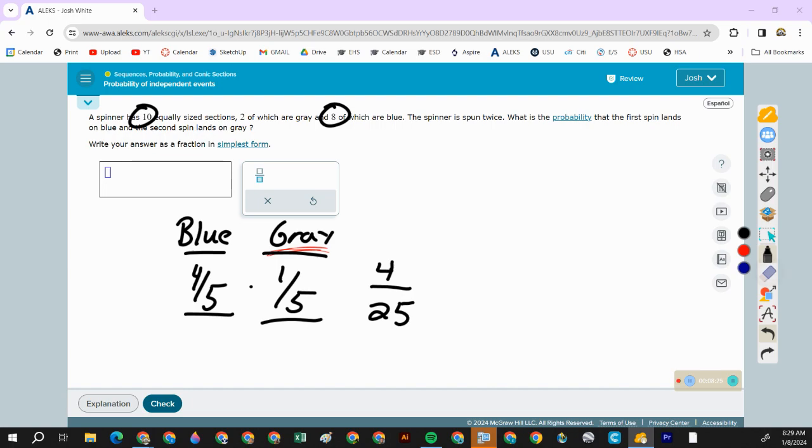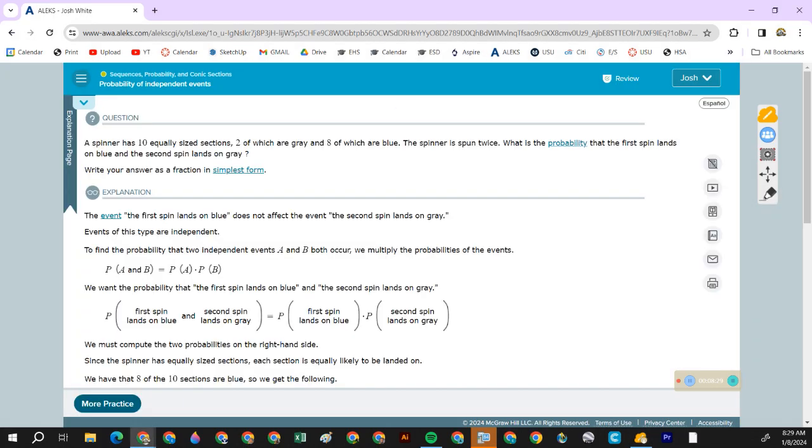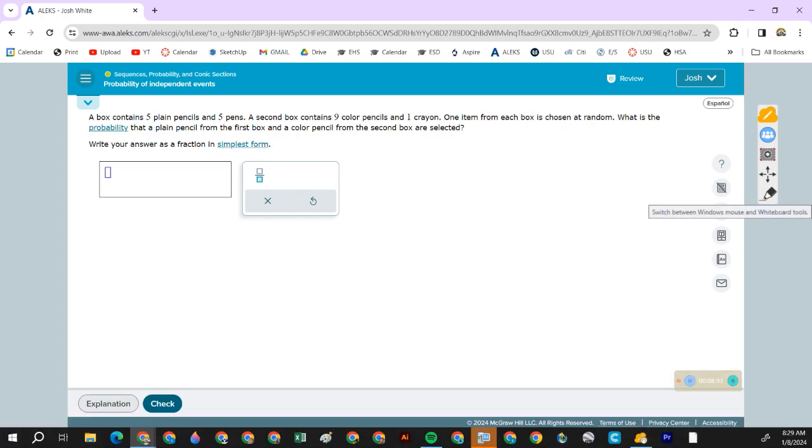Okay, let's do another one. A box contains 5 pencils and 5 pens. A second box contains 9 colored pencils and 1 crayon. One item from each box is chosen at random. What is the probability that a plain pencil from the first box and a colored pencil from the second are selected?